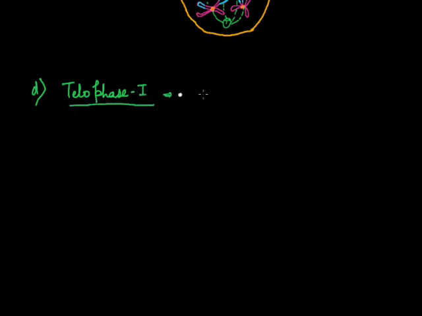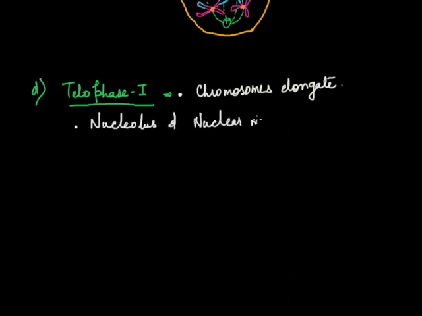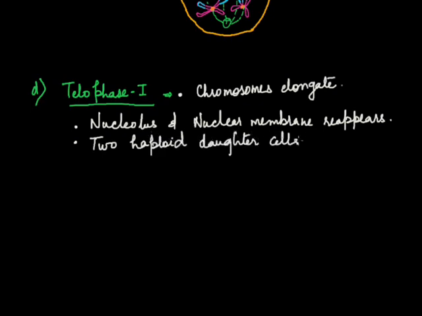During telophase 1, the chromosomes elongate again to form a chromatin-like network. The nucleoplasm, nucleolus and nuclear envelope reappear. The result of telophase is that two haploid daughter nuclei are formed, and each nucleus is accompanied by its own set of cytoplasm and cytoplasmic organelles.